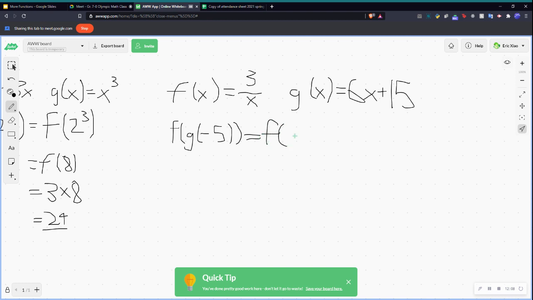All right, it was negative 5. 6 times negative 5 plus 15. What you get inside would be negative 15, right? So negative 30 plus 15. And then you just substitute negative 15 into f of x, so the fraction. And then if you simplify it, you get negative a fifth.